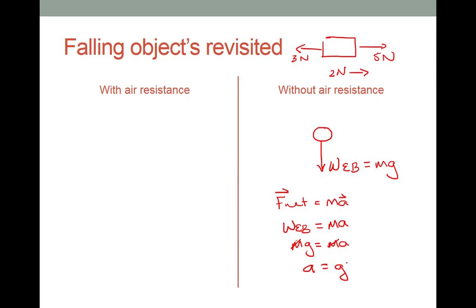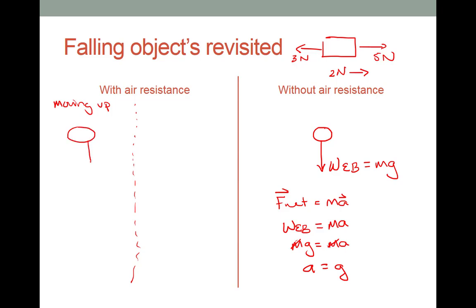But now let's think about what's going on with air resistance. And we've got two things we've got to think about here. So I'm going to further subdivide this side. And the first one we're going to think about is, what about when the ball is moving upward? Okay, so I've tossed it up into the air. It's left my hand, so my hand is no longer touching it. And as it moves up to the pinnacle of its motion, what's going on with the forces? Well, now we have two forces.